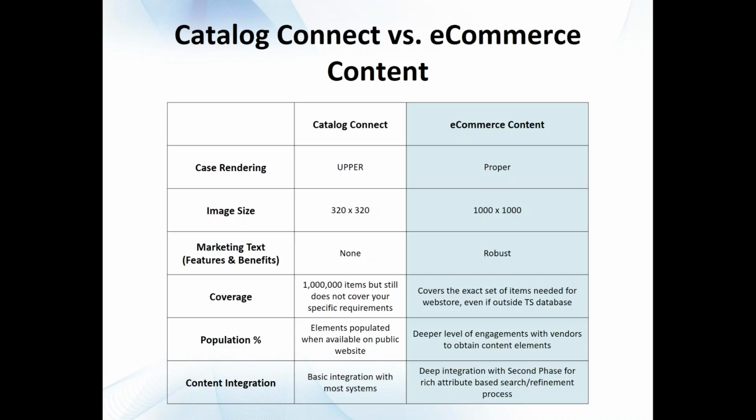So the integration at the content level within the second phase for the e-commerce content is superior to the Catalog Connect, which is basically just a long description. So those are some of the keys.